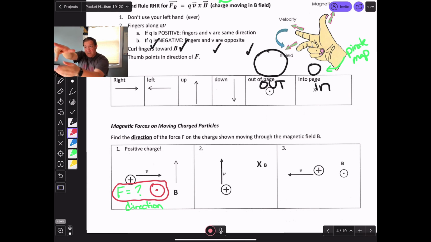My positive finger, see how it didn't change direction? It's still pointing toward the top of the page. But now I turn my magnet down, and my thumb is pointing to my left. So my force would be a left arrow. That's my answer.